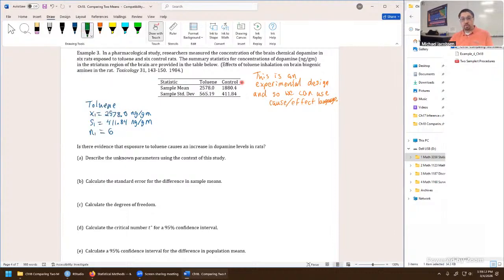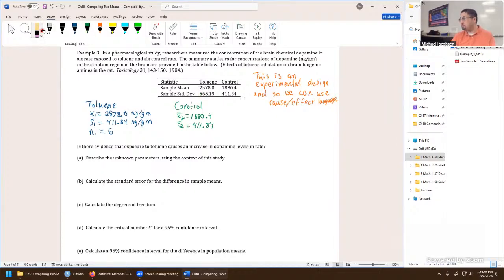Then for the control group, let's write this out as well. In the control, we have a sample mean in row 1. X bar 2 is 1880.4. S2, 411.84. And now that I've written that, I notice I have a typo here.